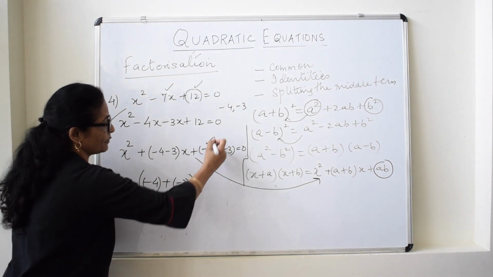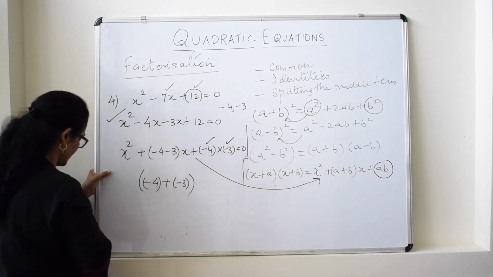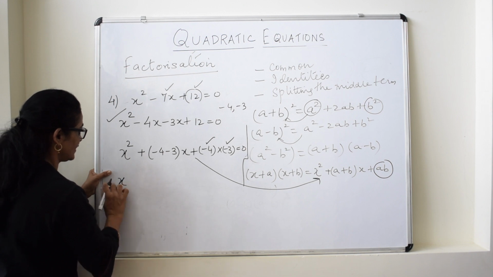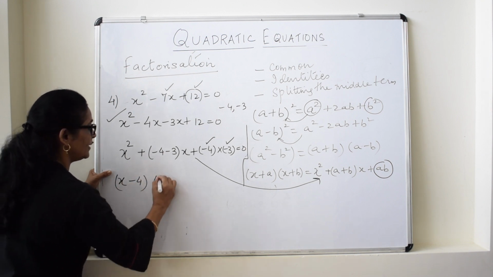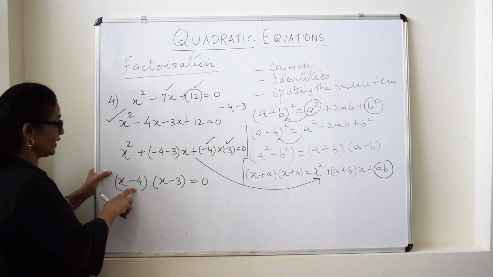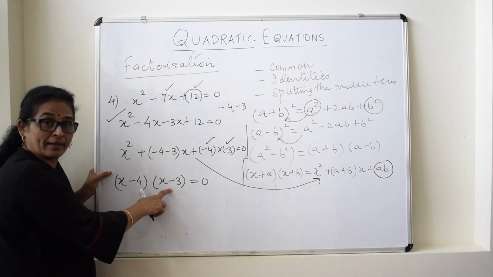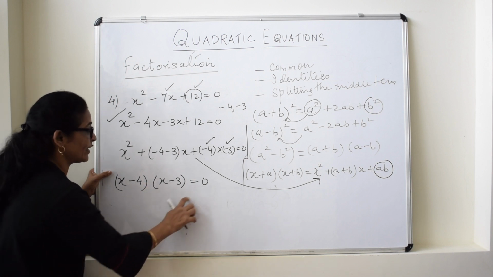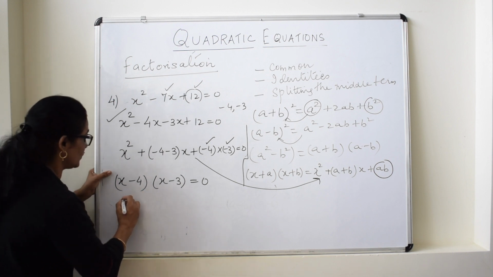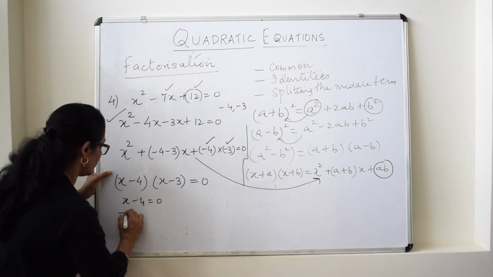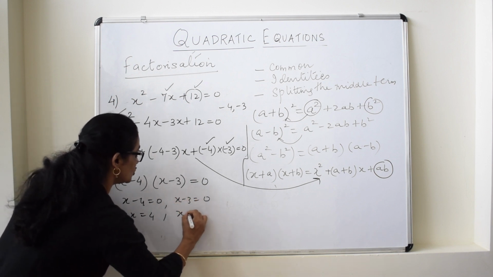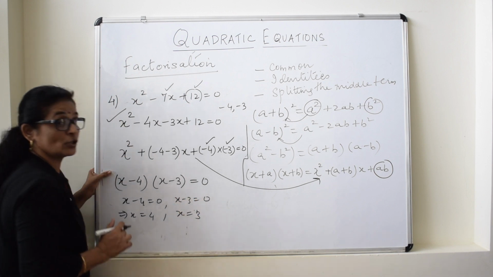Directly you can write it as x minus 4 into x minus 3 is equal to 0. Ultimately we are reaching two linear factors. So x minus 4 is equal to 0 will give us x is equal to 4, and x minus 3 is equal to 0 will give us x is equal to 3.